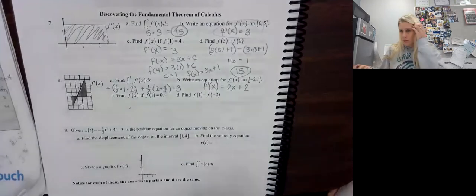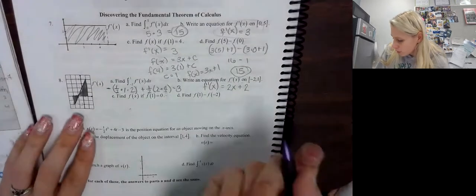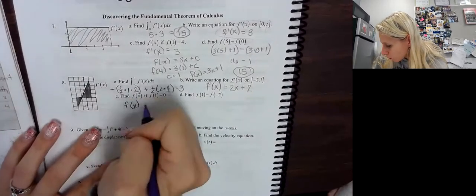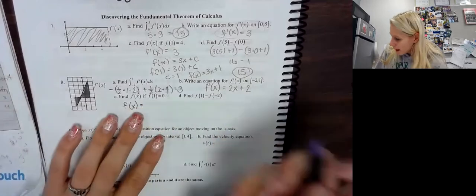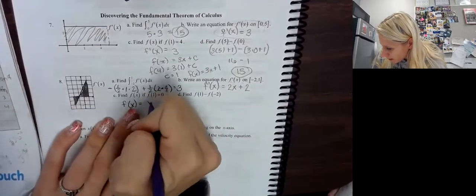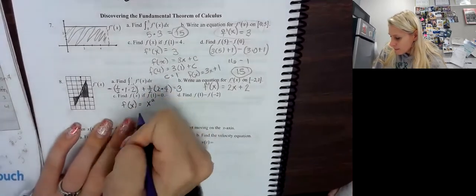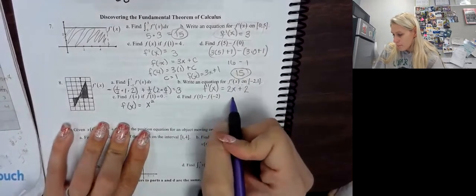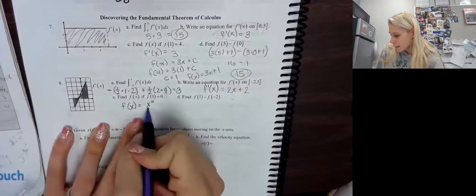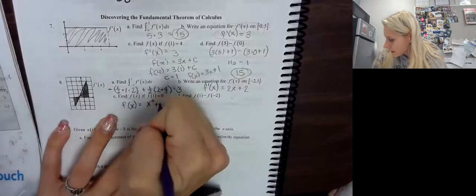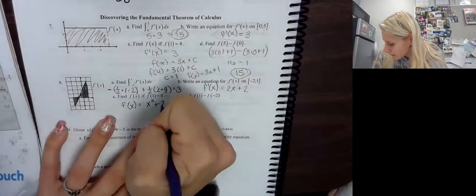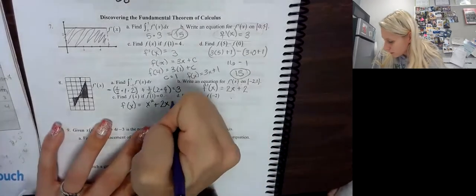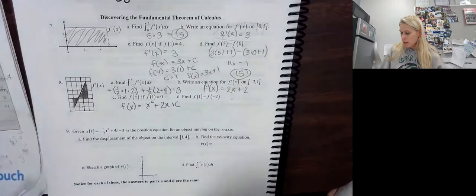So f of x, here's our power rule, right? So we get x squared. I add 1 and divide by that, but the 2's cancel. So I get x squared plus the integral of a constant, we add that variable to it. And then, of course, we need to do a plus c.